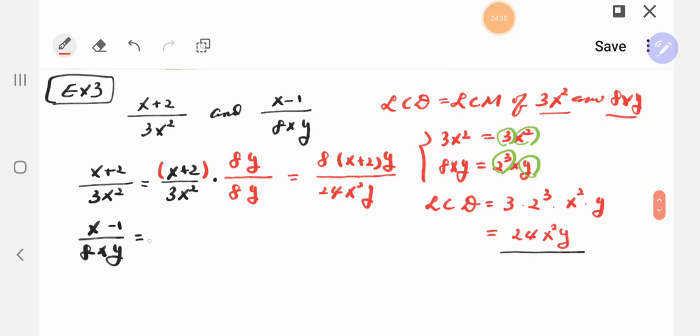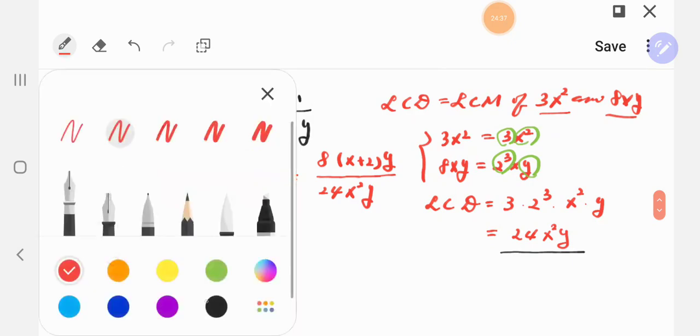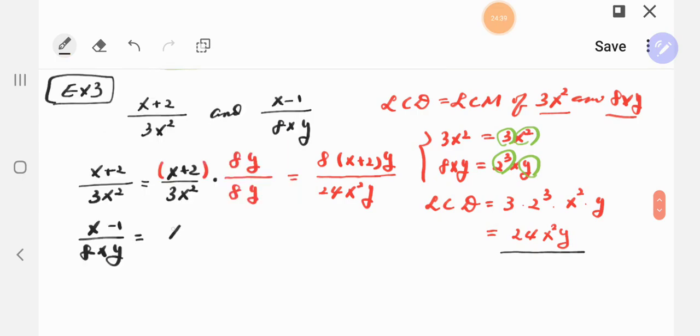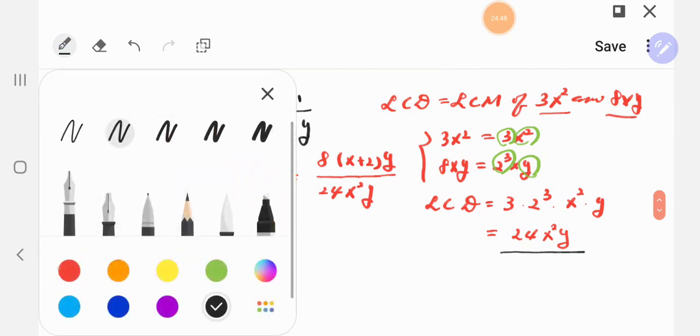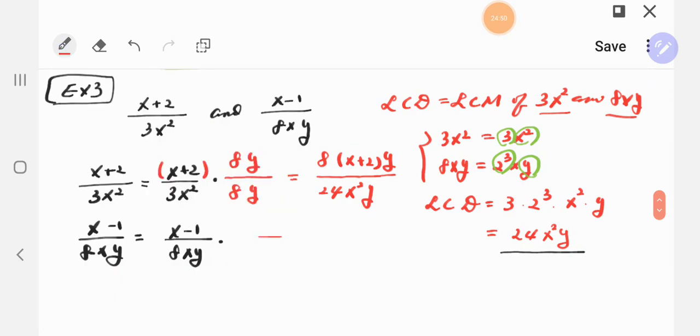Okay, let's try the second fraction. The numerator is x minus 1 divided by 8xy. Let's first multiply the denominator by something so that the denominator will be the LCD. The LCD is 24x squared y. So we gotta multiply 8 by 3.